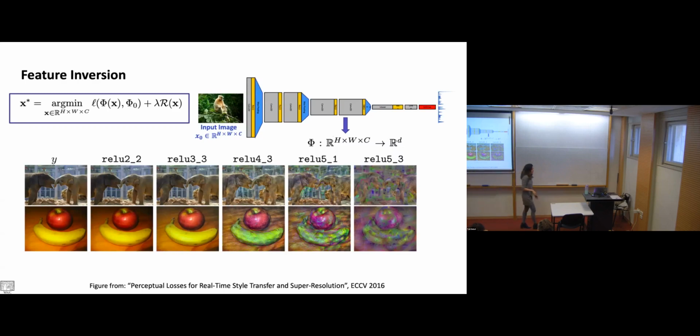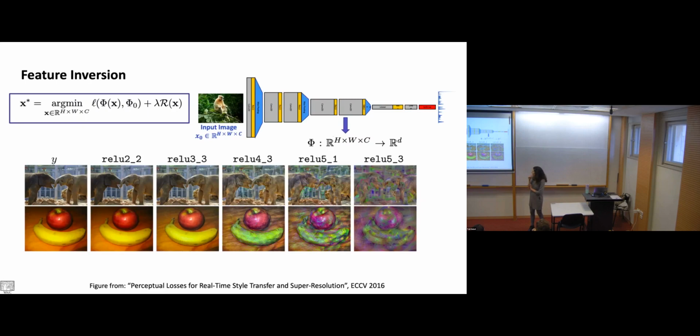Okay, so what do we see? What do the different values mean? They are just different layers inside the network, starting from early layers to deeper layers. If we go to the later layers, it seems like there's a more abstract understanding of the image.